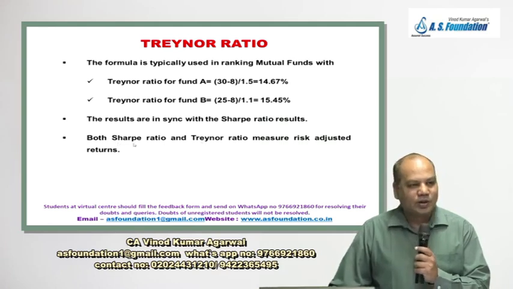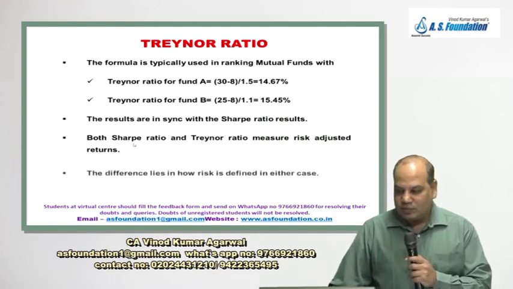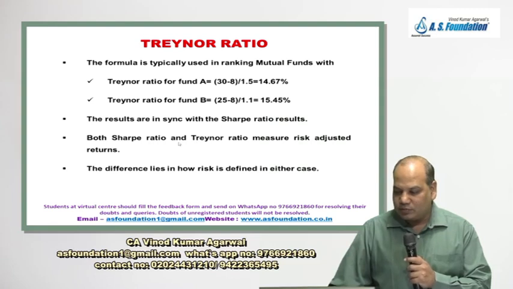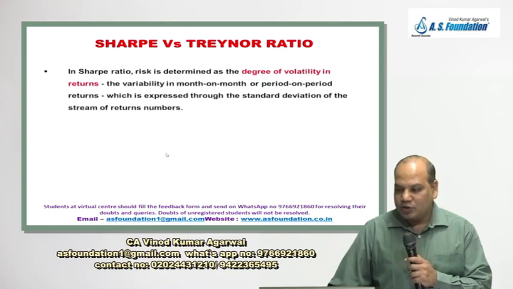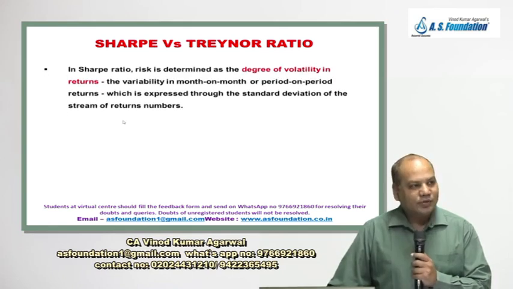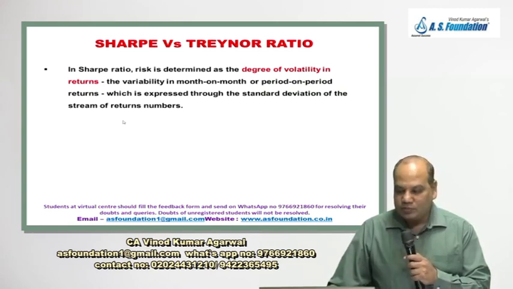Normally they will give you similar result, but they may give you different result also. Both Sharpe and Treynor ratio measure risk adjusted return. The difference lies in how the risk is defined in either case. Sharpe uses standard deviation, Treynor uses beta.